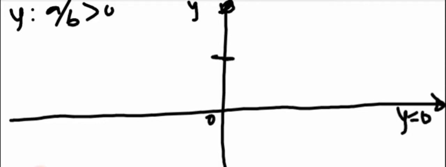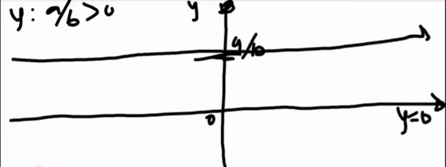So let's just take arbitrarily that this is a over b. So I can just draw my y is equal to a over b. Forgive me that my lines are not so straight. That's supposed to be a straight line in my mind.